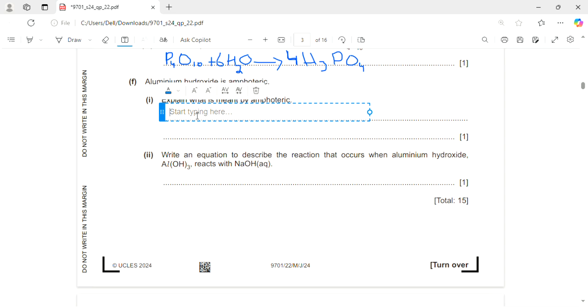Amphoteric, so it shows both acidic and basic behavior.